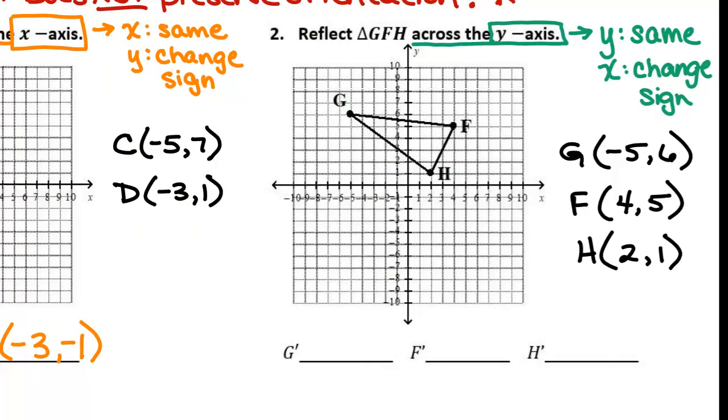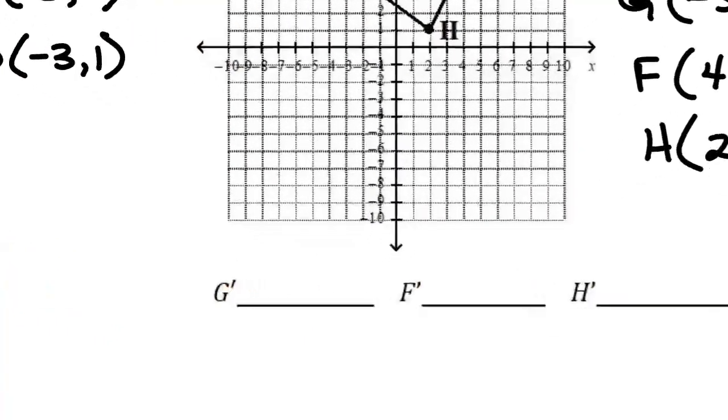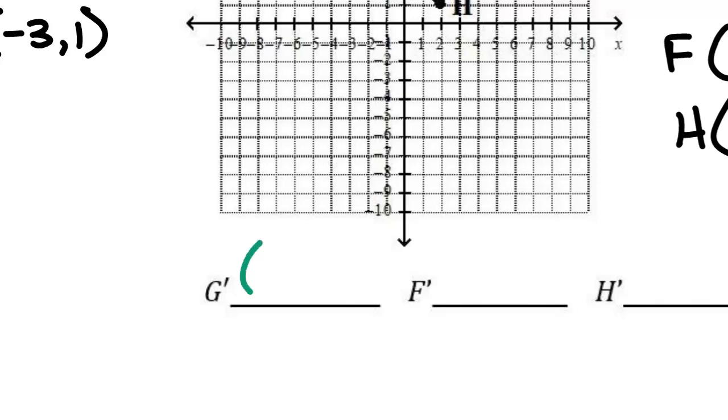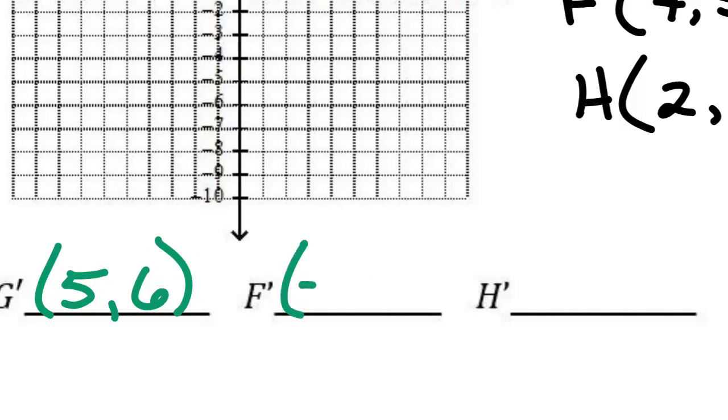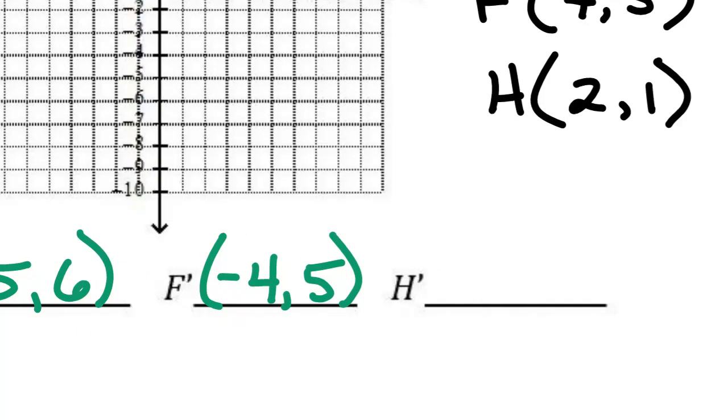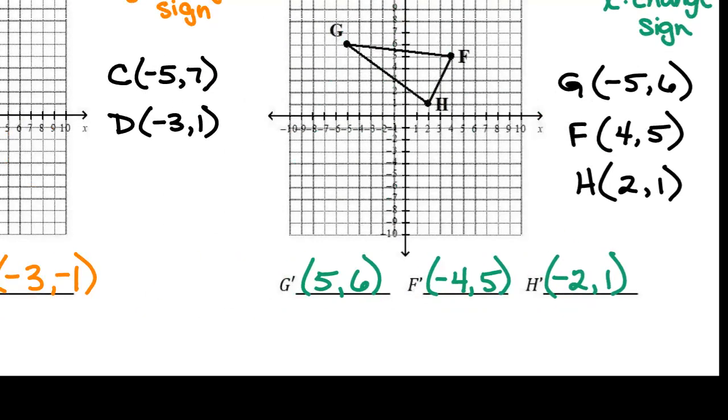We are going to reflect this across the y-axis. So on all of these, the x will change sign, but y will stay the same. So G prime would become positive 5, 6. F prime would become negative 4, 5. And H prime becomes negative 2, 1.